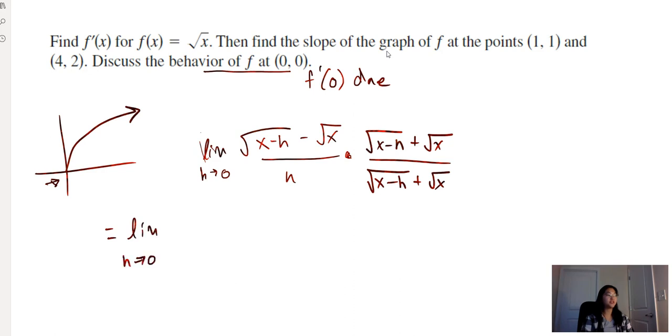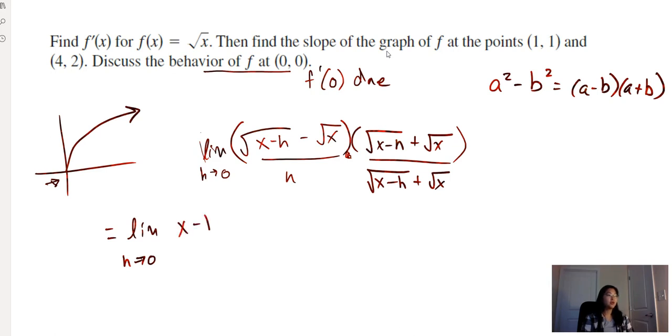Okay, cool. So I'm not dropping my limit notation because I'm being responsible. Limit as h approaches 0 of, and I'm multiplying very intentionally by the conjugate, which is a difference of squares thing, right? If you have a squared minus b squared, that equals a minus b times a plus b. So I manufactured a plus b right there. So then we can just get our a squared minus b squared terms.